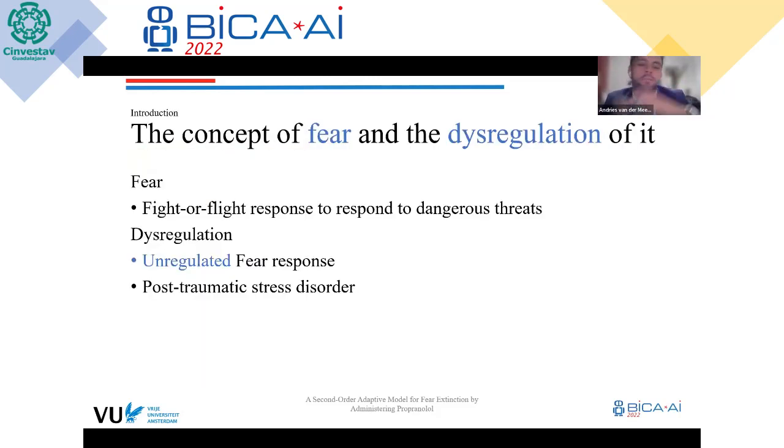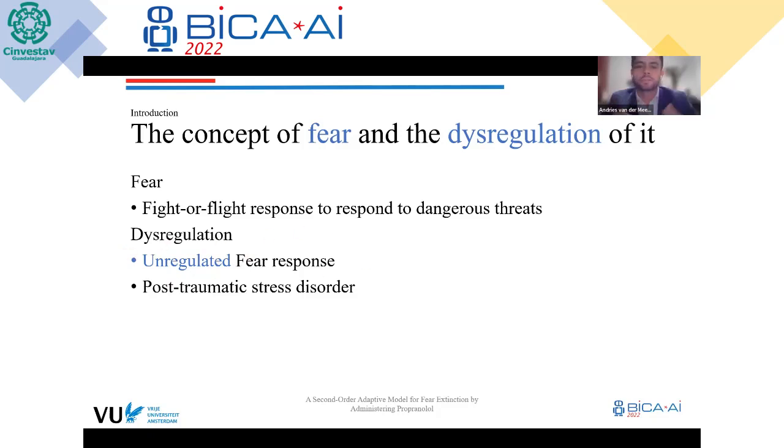Well, first of all, let's move a step back and introduce two essential concepts, the concept of fear and the dysregulation of fear. So fear is essentially activating the fight or flight response to dangerous threats to prevent harmful situations, but it can be dysregulated, and that leads to an unregulated fear response.